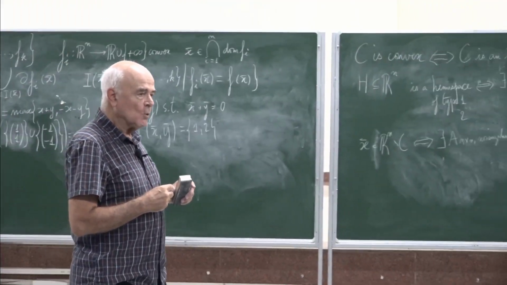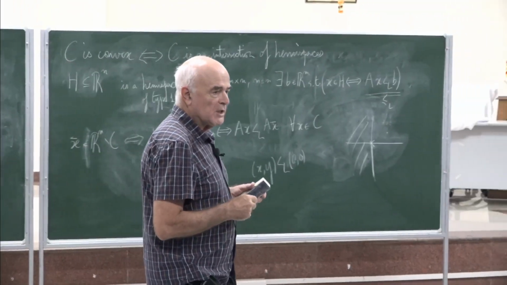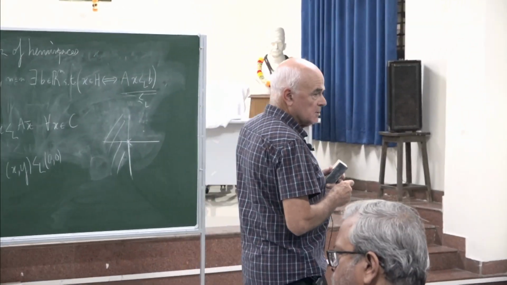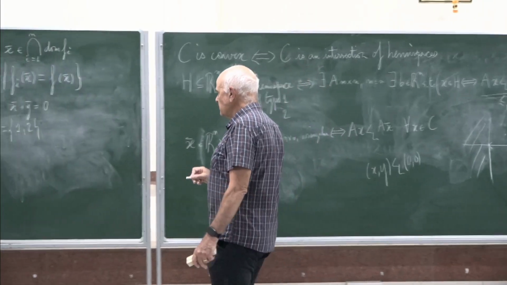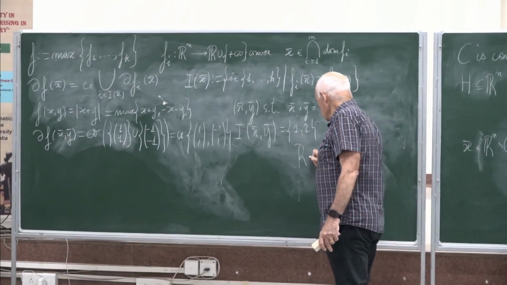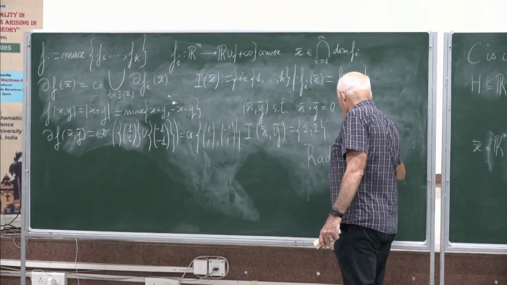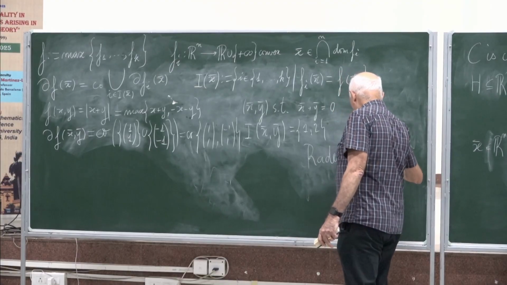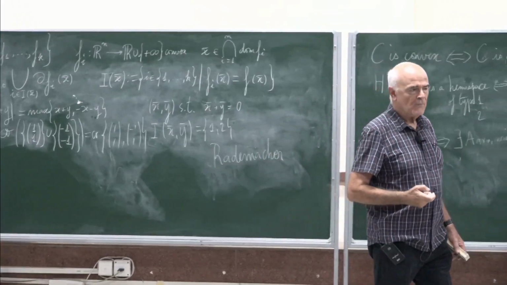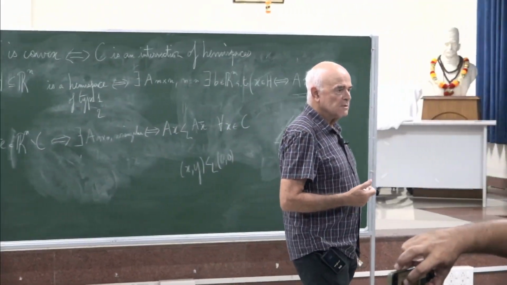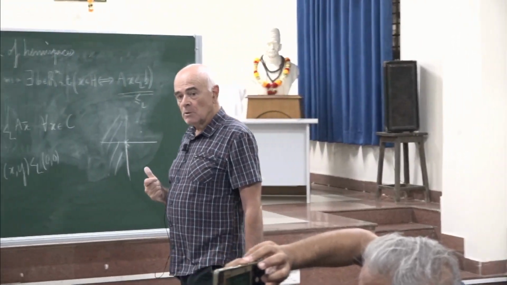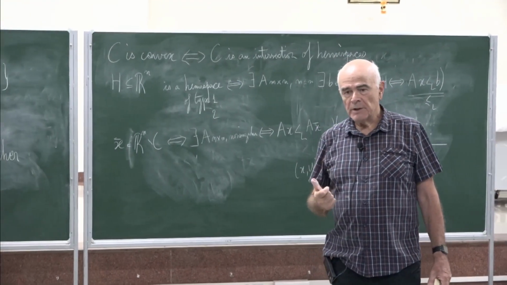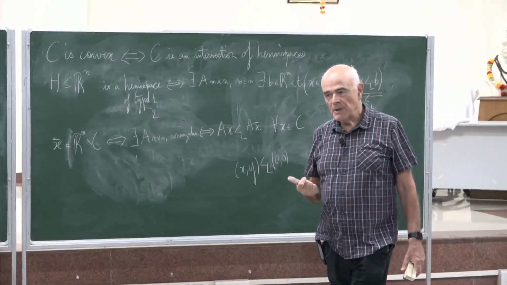Then there is an old theorem, more or less 90 years old, by Rademacher, in the 1930s, who proved that locally Lipschitz functions are differentiable almost everywhere with respect to the Lebesgue measure.